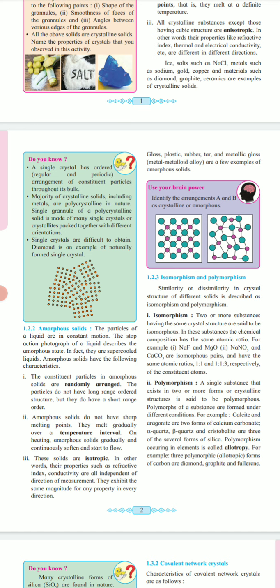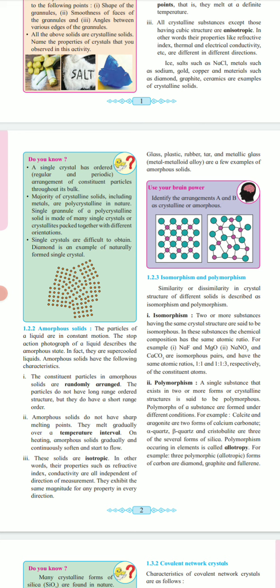In these substances, the chemical composition has the same atomic ratio. For example, NaF and MgO, NaNO3 and CaCO3 are isomorphous pairs and have the same atomic ratios 1:1 and 1:1:3 respectively.